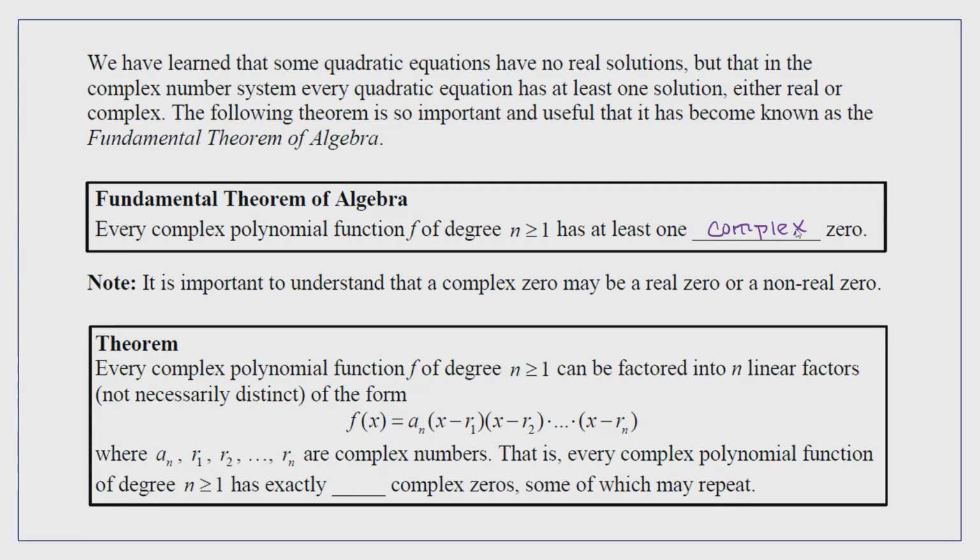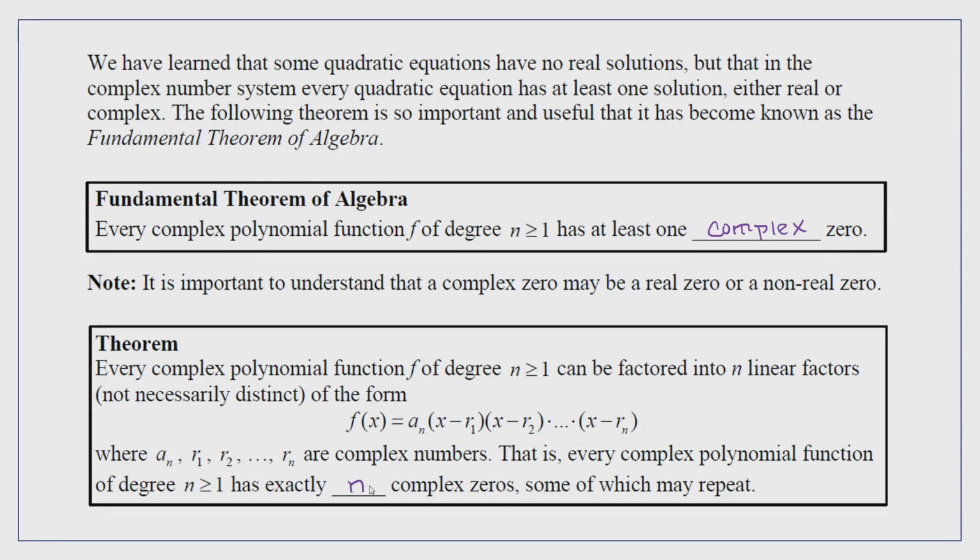So every complex polynomial function f of degree n greater than or equal to 1 can be factored into n linear factors, not necessarily distinct, of the following form, where a sub n, r sub 1, r sub 2, through r sub n are complex numbers. That is, every complex polynomial function of degree n greater than or equal to 1 has exactly n complex zeros, some of which may repeat.